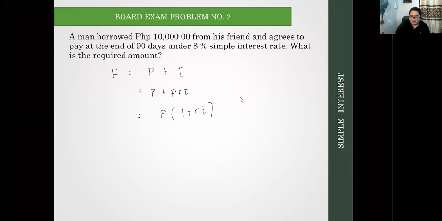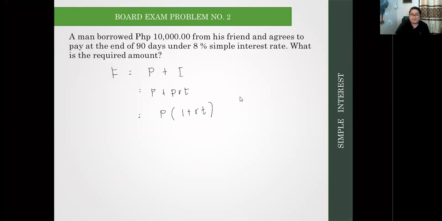Okay? So dito, hindi nakalagay kung yung time natin is yung interest natin, pag sa simple interest, naka-annual yan. Okay? Kailangan i-divide natin or ano yung equivalent percentage ng 8% sa 90 days, no? Kaya yung time natin, kailangan i-divide natin by the total number of days natin in a year.